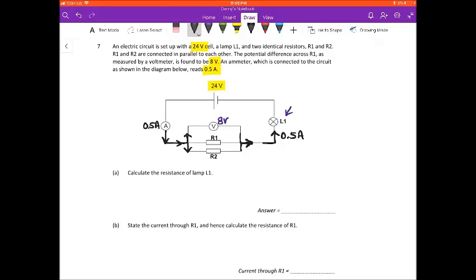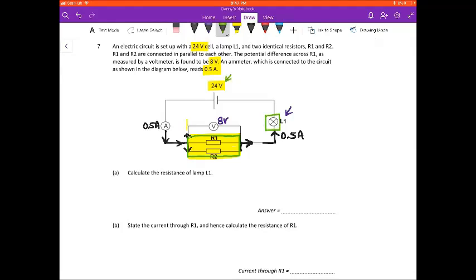Okay, and I also know that if I imagine this entire thing, this yellow box, as one resistor, then I can say that this giant resistor is in series with my lamp. So in series, we say that the voltage is being shared, right?